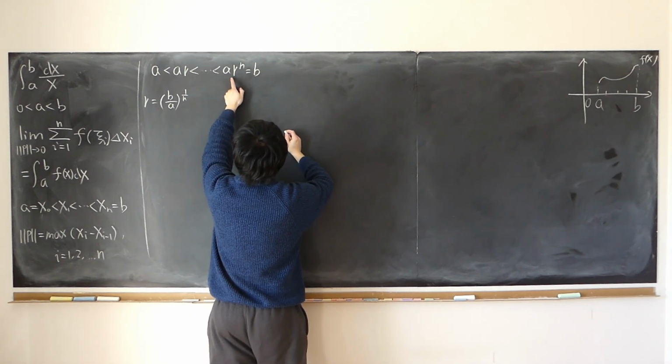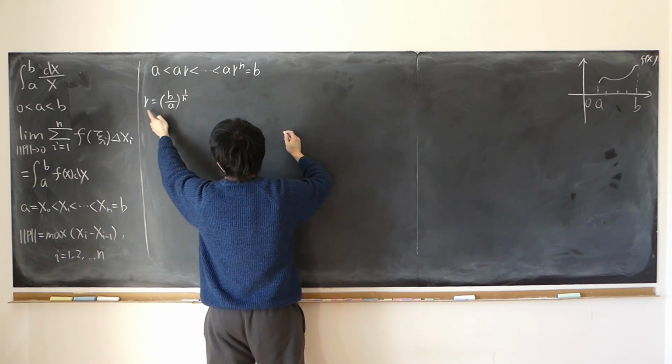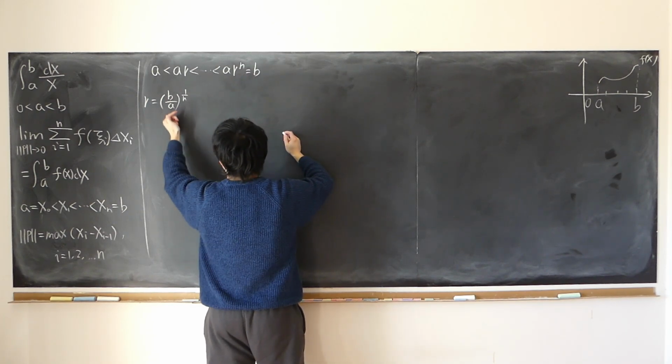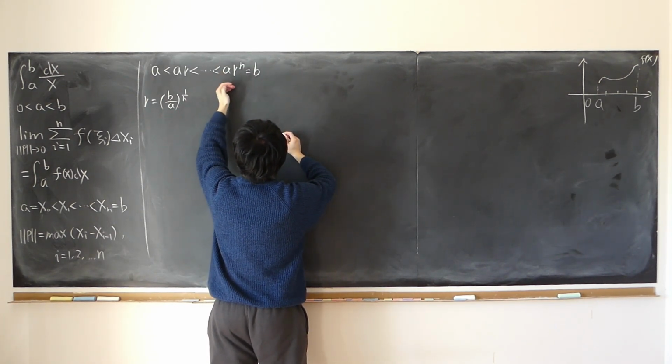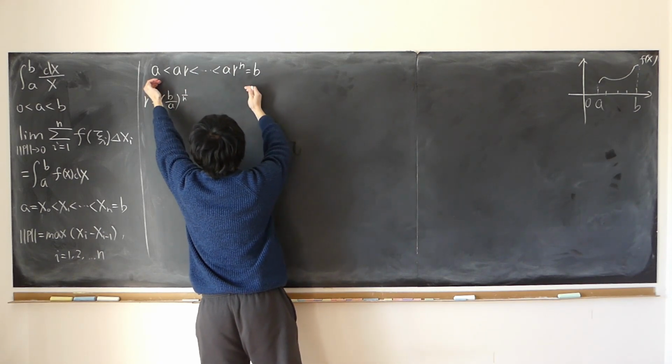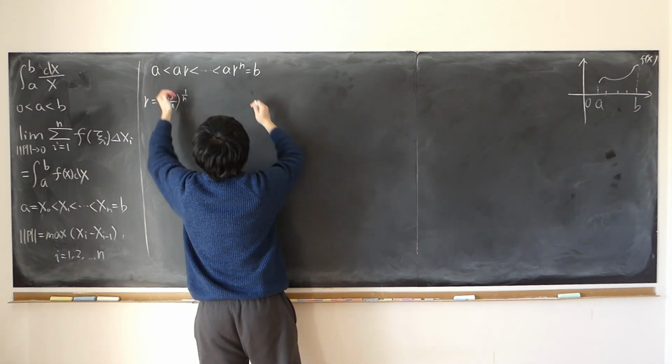I claim a times r to the power of n is equal to b. The reason is because r to the power of n is equal to b over a, and b over a times a is b indeed. So I have an uneven partition.